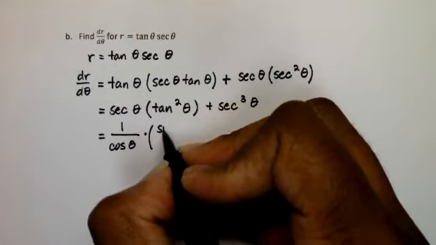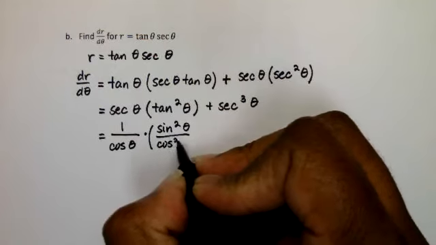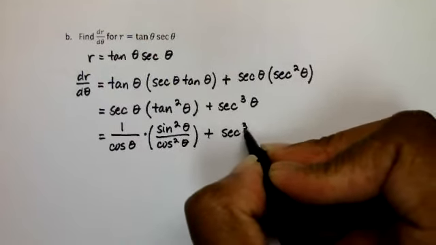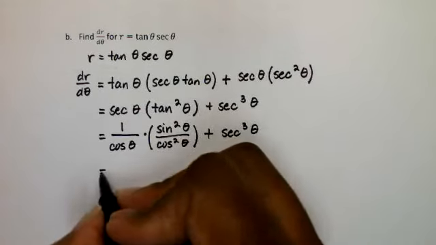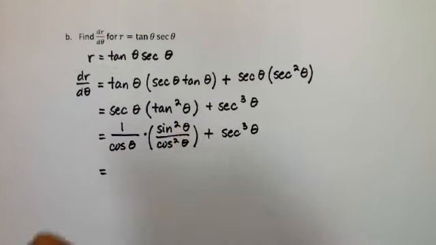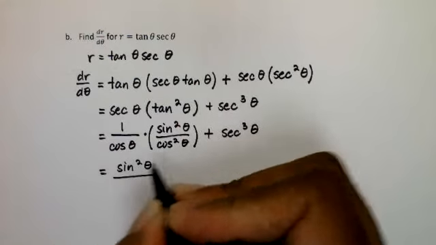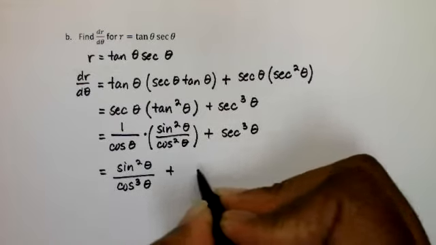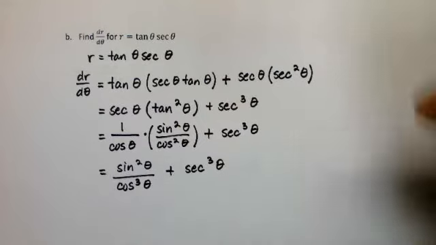So tangent squared theta will be sine squared theta divided by cosine squared theta, plus secant cubed of theta. All right, so if I multiply this, 1 times sine squared of theta will be sine squared theta divided by cosine theta times cosine squared theta, which is cosine cubed of theta, plus the secant cubed of theta.